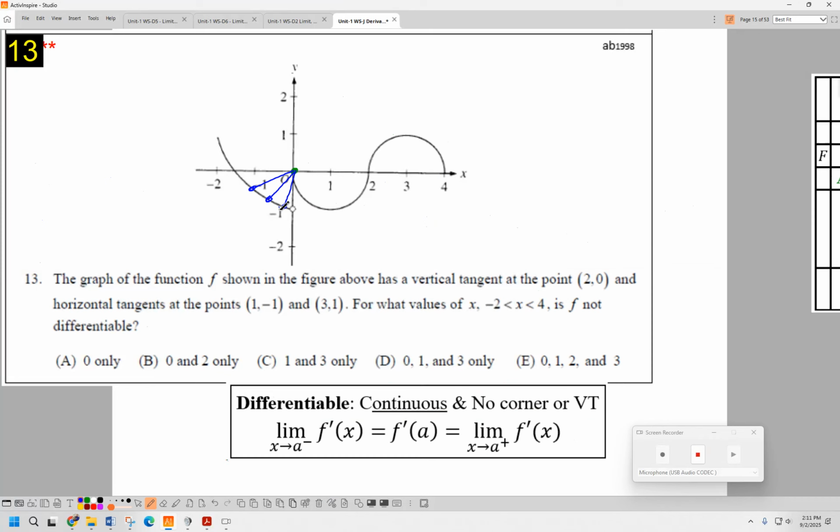Please, Carter. So in this case, it's almost like at point 2 it said it had a vertical tangent, and at point 0 it's kind of similar because also you have that jump. Same idea.